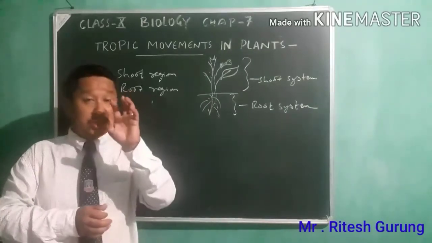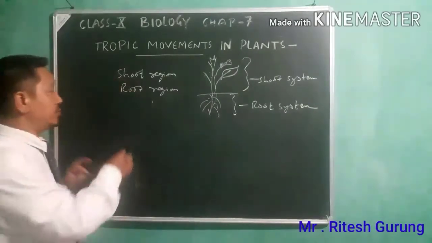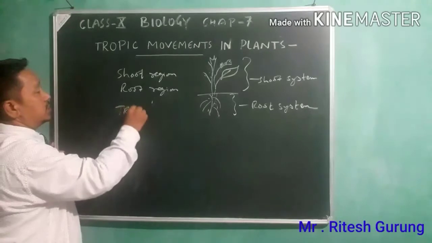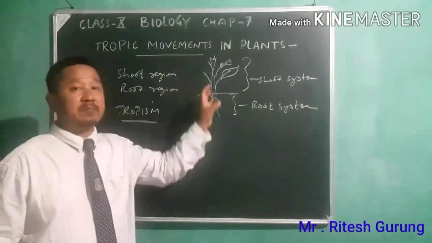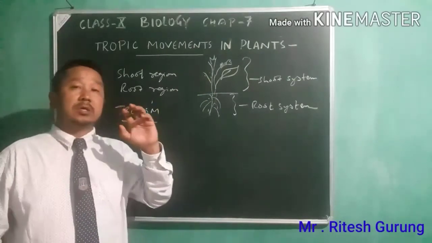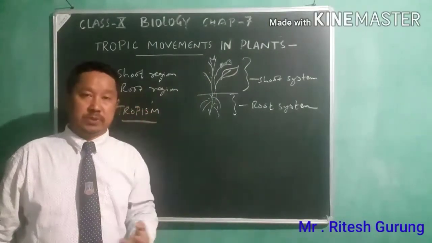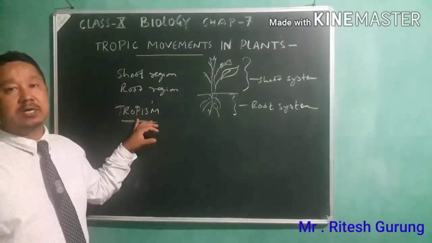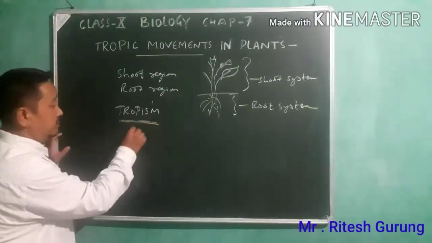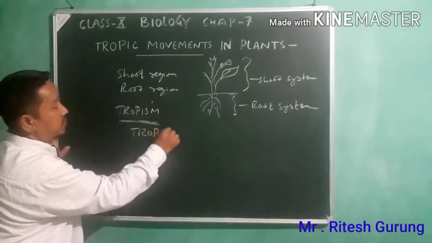Such a response of the plant parts towards the source of stimuli is called tropism.